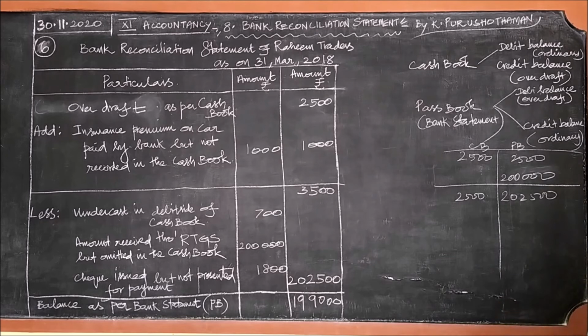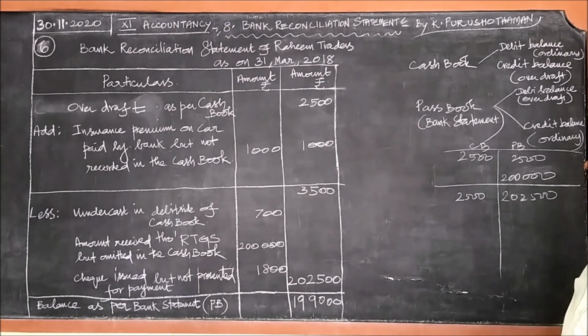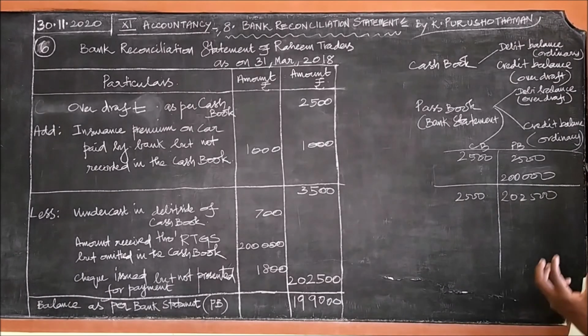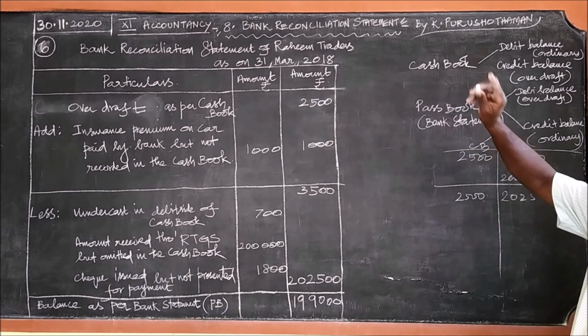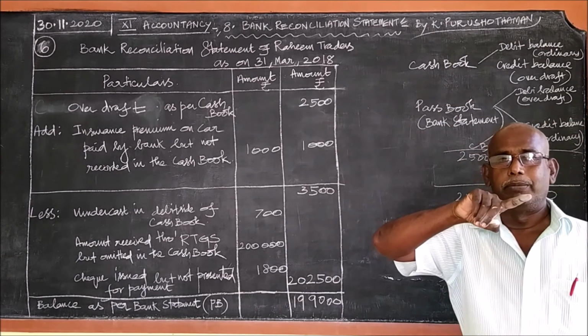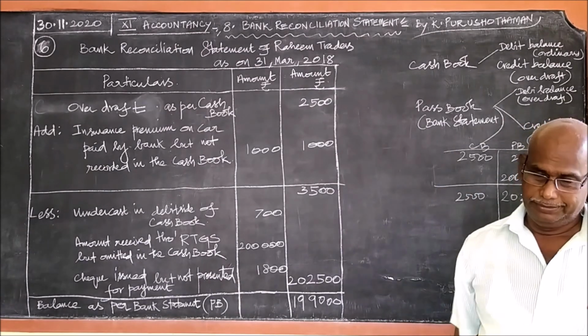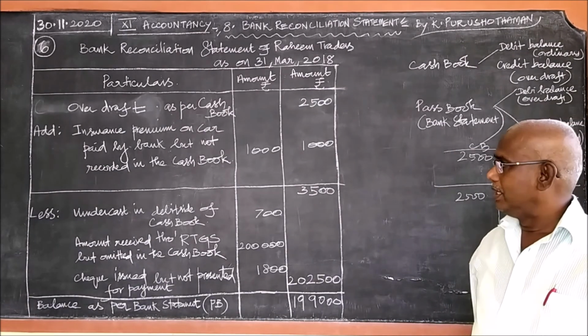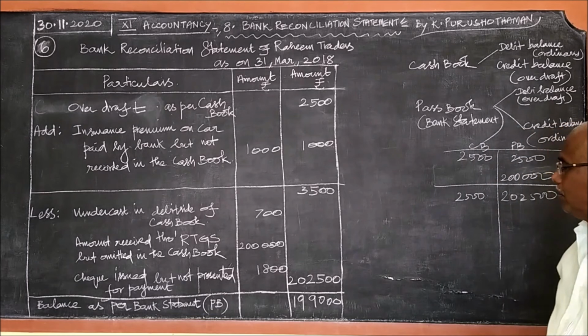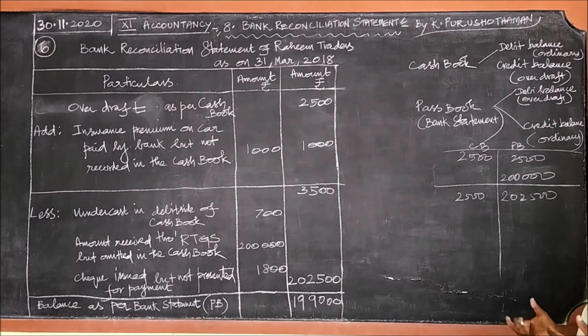In that case, we should find the reason or cause for it, and we should prepare a statement for all those reasons or causes, and such a statement is called the bank reconciliation statement. This is the definition. We should find the reason why this amount is reduced or increased here, and we should write it.